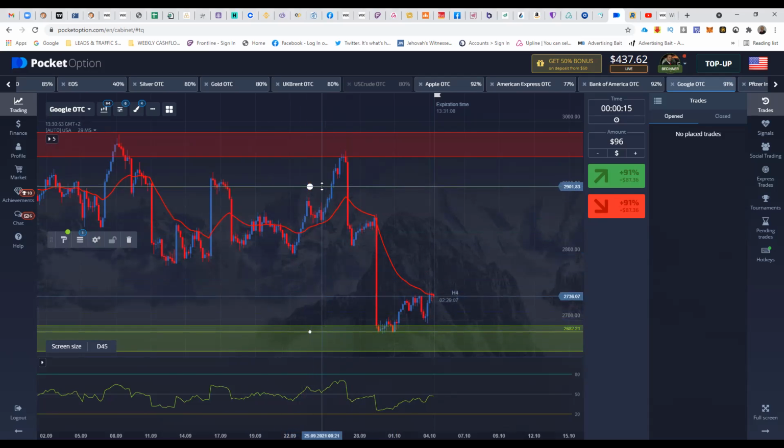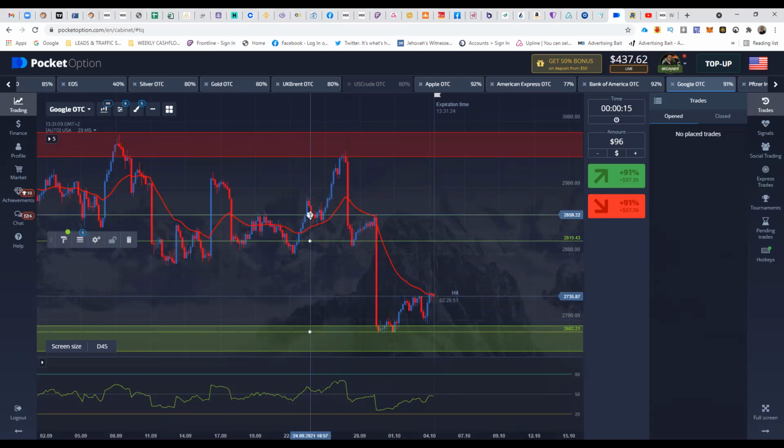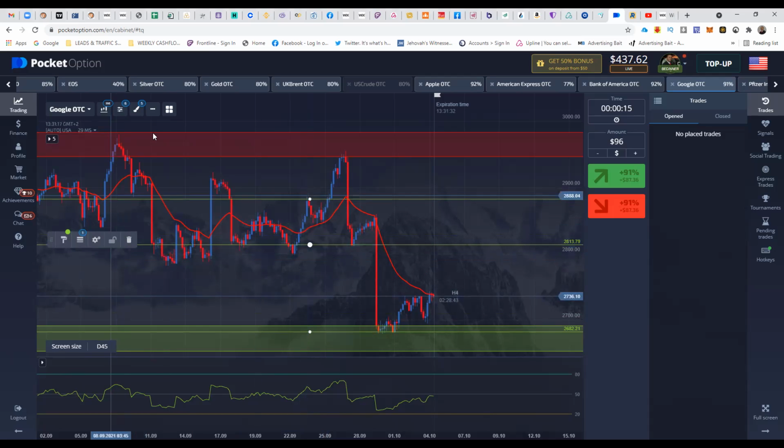So we're going to mark up our zones based off of where price respected these zones as support and resistance off of the wick. So I can see one here. We'll put another one. No, this is perfect. And then the very next zone, I can see it here.